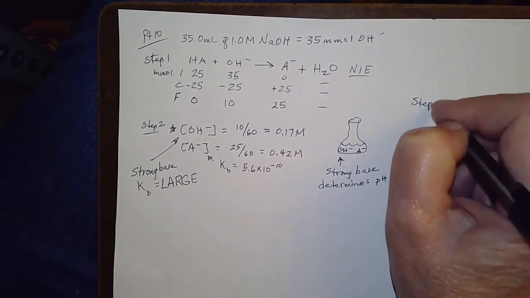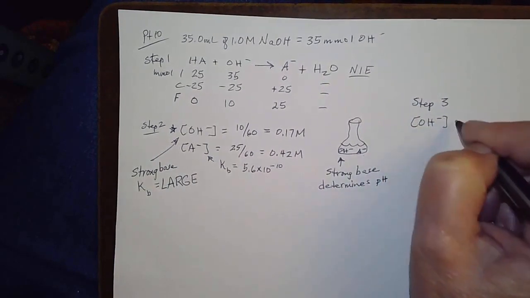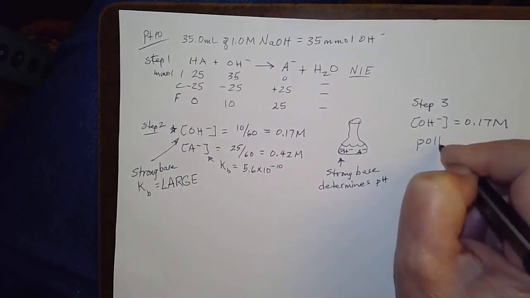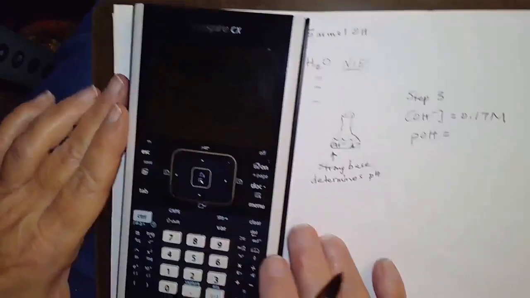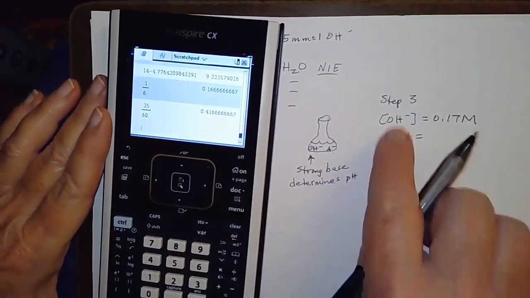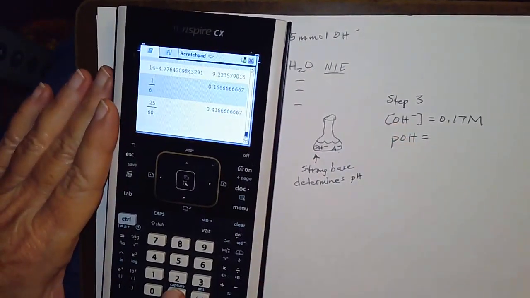So step 3 is just get the concentration of that. You already know what it is, 0.17 molar. And for the pOH, there's no equation writing you have to do at all. So if you did that on your 30, you need to go change it to this, because the leftover hydroxide was a strong base. You have to let it determine your pH.